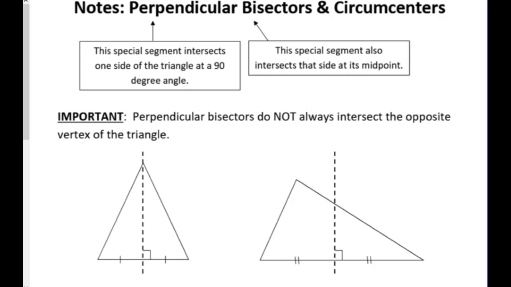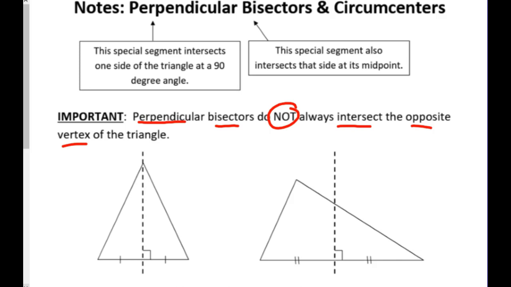Okay? So, notice what it says here. The perpendicular bisectors do not always intersect the opposite vertex of the triangle. So here's what I mean. Look right here. This triangle on the left. That's an altitude, right? Going through the vertex. Over here to the right, this is perpendicular, but it doesn't go through the vertex.